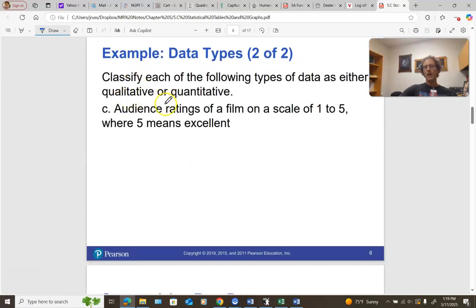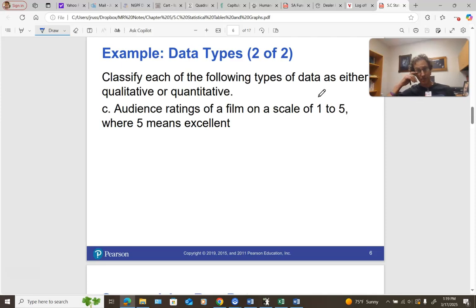Part C, audience ratings of a film on a scale of 1 to 5, where 5 means excellent and 1 probably means horrible. Okay, so the data that you would be collecting would be numerical, right? Some person might say that the film was a 4, somebody else a 5, somebody else a 2, etc.